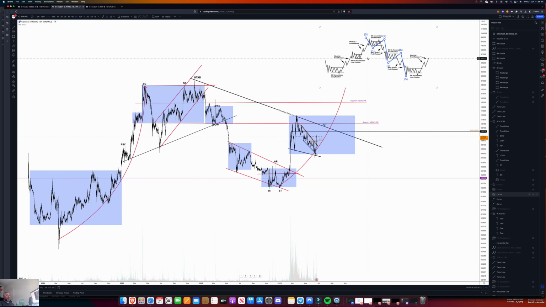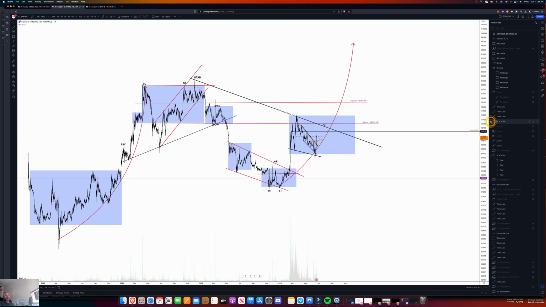What we're going to do is apply Fibonacci. First rule, from 0 to 1 to the top. We could put the wick or we could put the body.